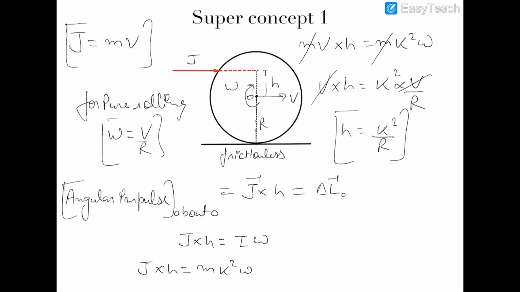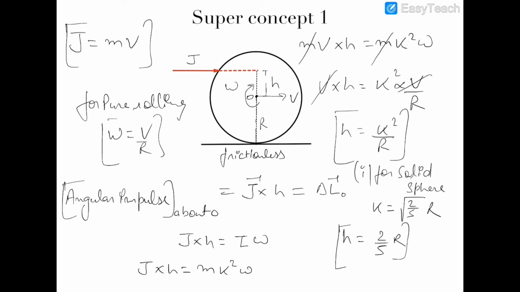So for a solid sphere, we know that k is equal to under root of 2 by 5 of r. So h is equal to 2 by 5 of r.